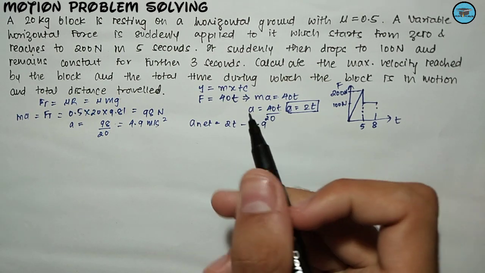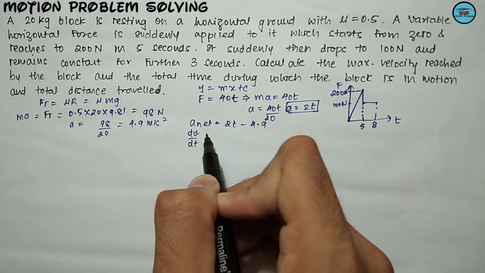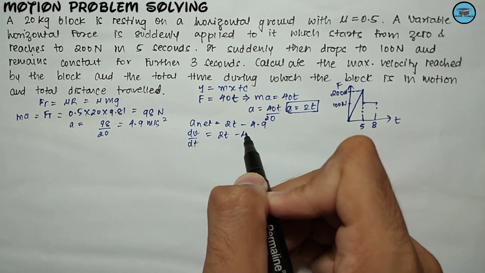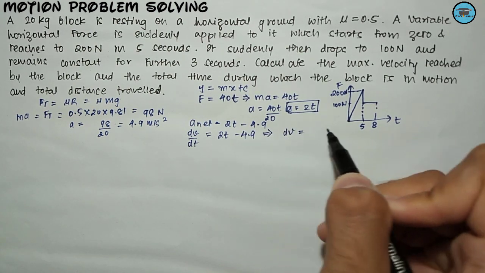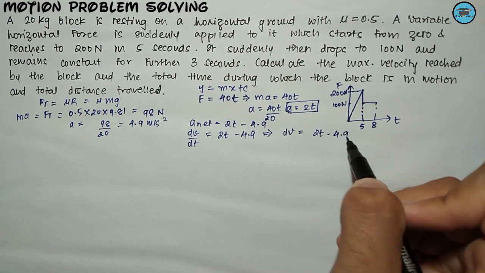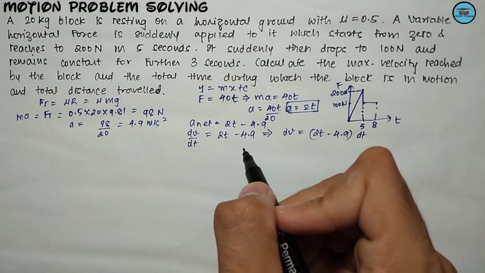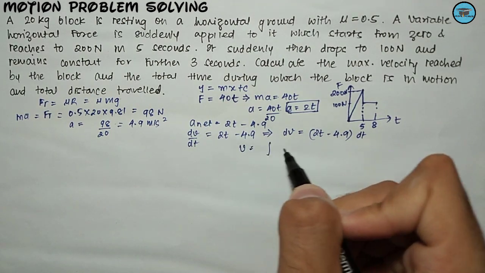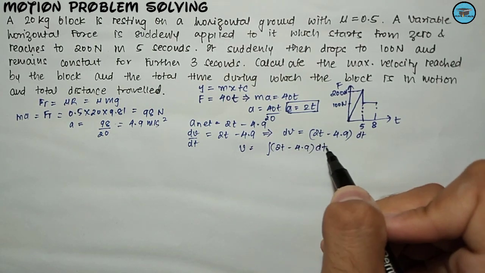Okay, so now acceleration can be written as dv divided by dt, that is equal to 2t minus 4.9. So dv is equal to 2t minus 4.9 into dt. We would be integrating, so v equals the integral of 2t minus 4.9 dt.